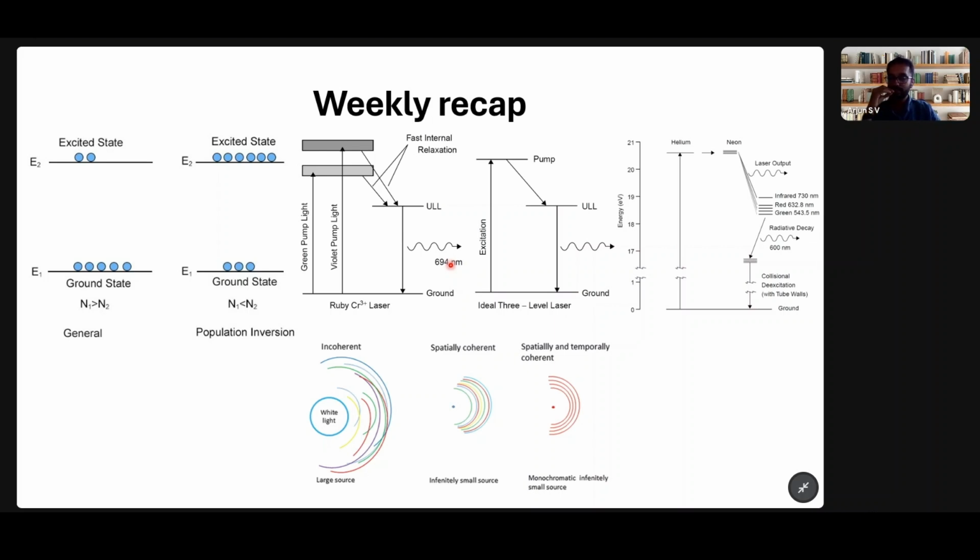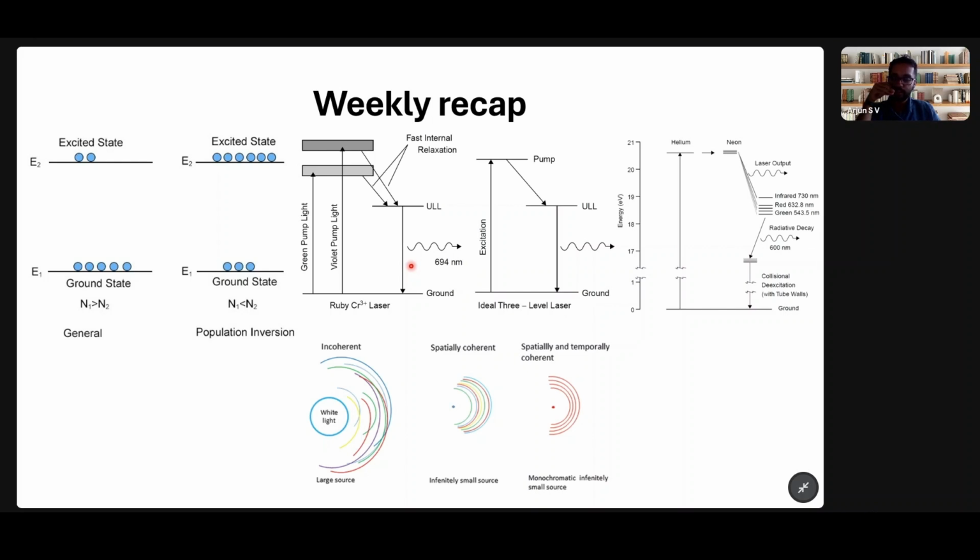The ruby laser functions as a 3-level system, where absorption happens to the excited state, and there is a radiative emission from the excited state to the ground state. In between both of these states there is a metastable state, where a fast internal conversion, a non-radiative process, occurs, and from the metastable state there is an emission which functions as the lasing medium.